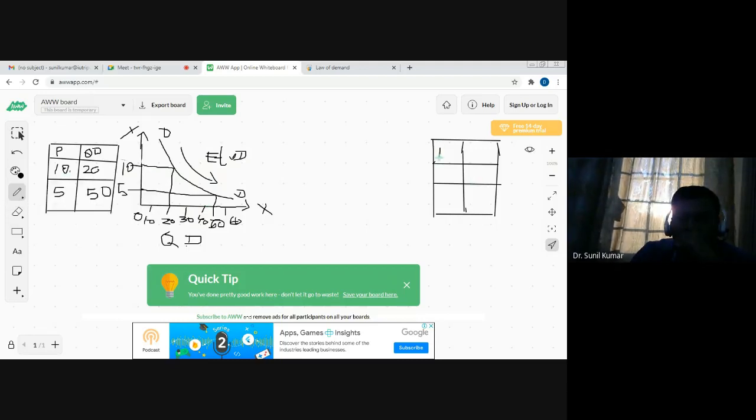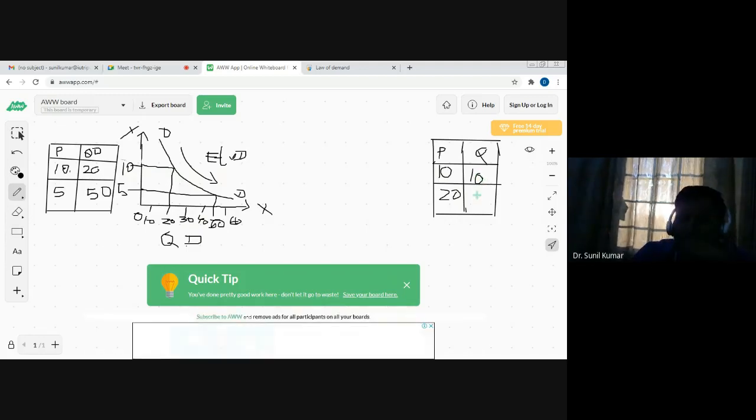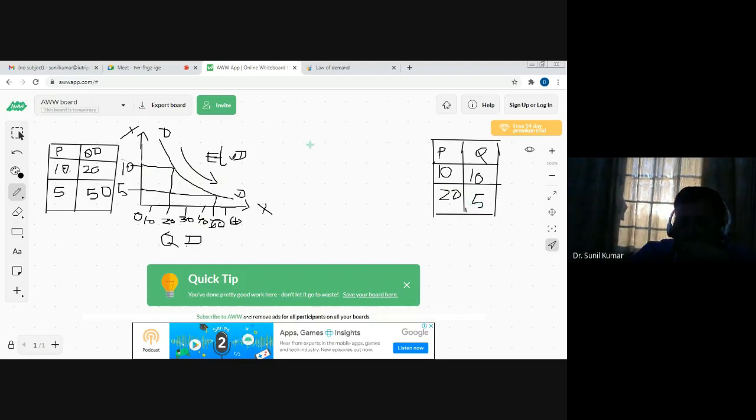Now we write here P, here Q. Again, here the price will be increased from 10 to 20. What will happen? At 10 rupees, the demand will be 10. When the price increases, at that time the demand of 20 decreases to 5.